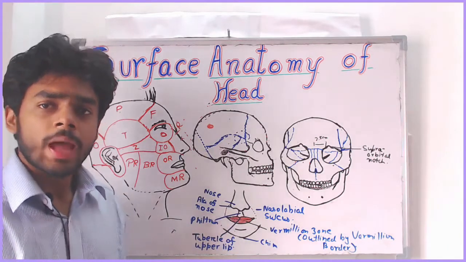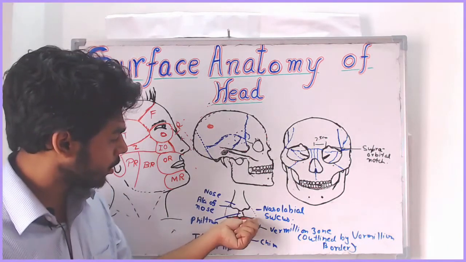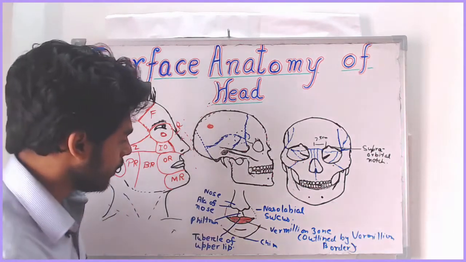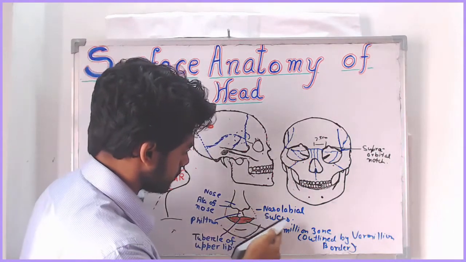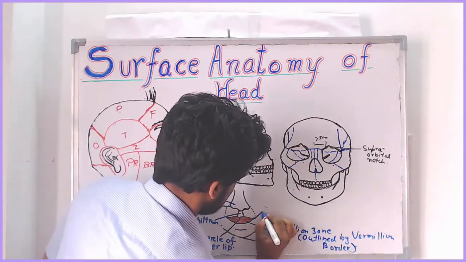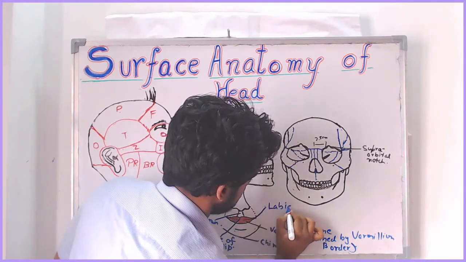The corner of the mouth, or the corner of the lip, is called the labial commissure. Let's rub this because I don't have space to write.